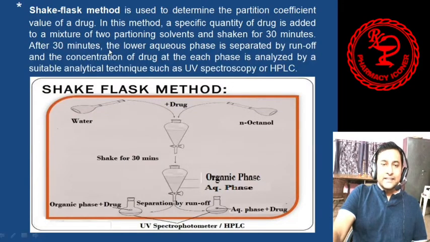After 30 minutes, the lower aqueous phase is separated by runoff and the concentration of drug in each phase is analyzed by a suitable analytical method such as UV spectroscopy or HPLC.